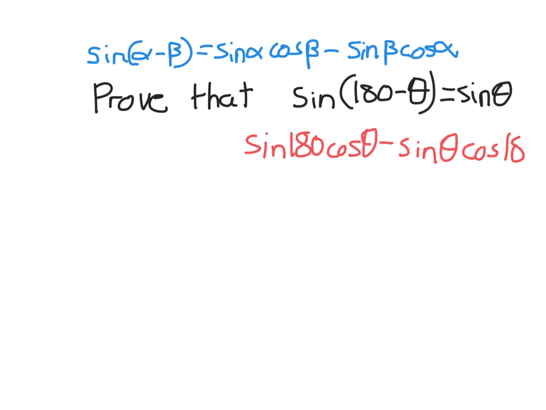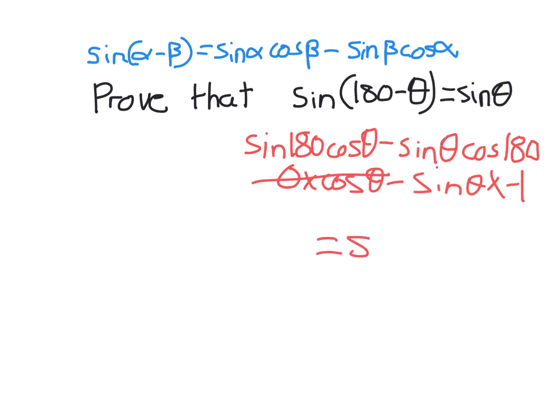Now, of course, we know that cos of 180 is negative 1, sine of 180 is just 0. So making those replacements, I just get this. Now, 0 times cos theta is just 0, and a negative times a negative is a positive. This just equals sine theta, and we've proved exactly what we wanted to.